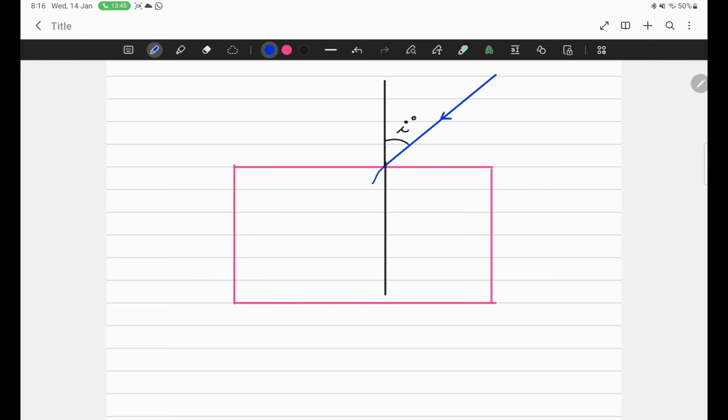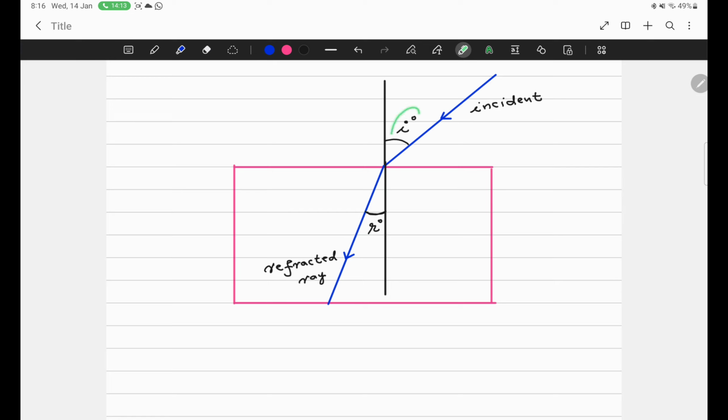This is the original path, but the light will not follow the original path. Light is bending towards the normal. This angle is called the angle of refraction. So this ray is the incident ray, and this ray is called the refracted ray.